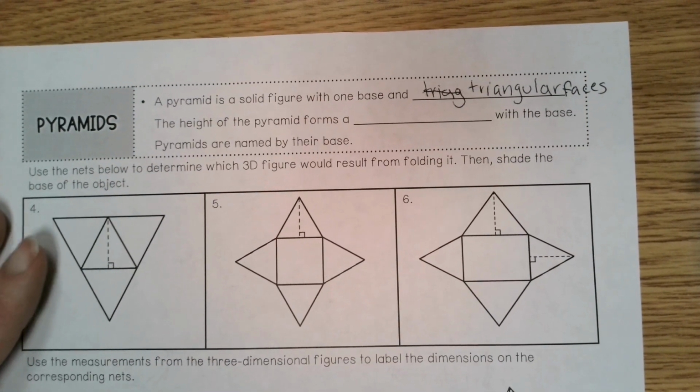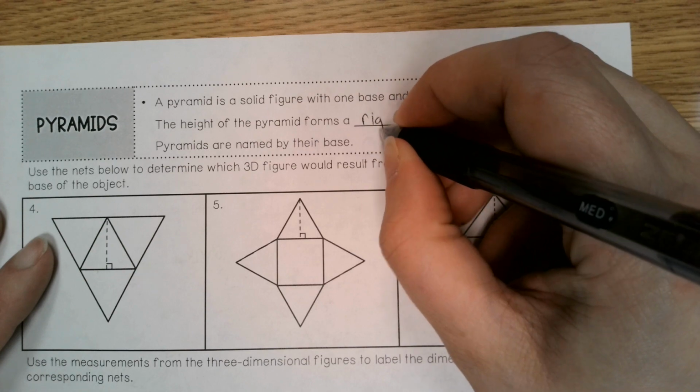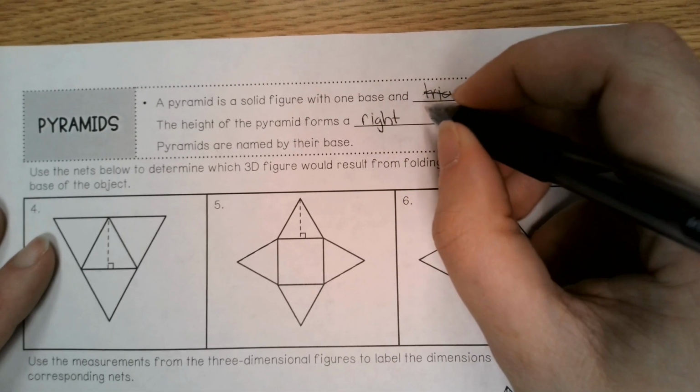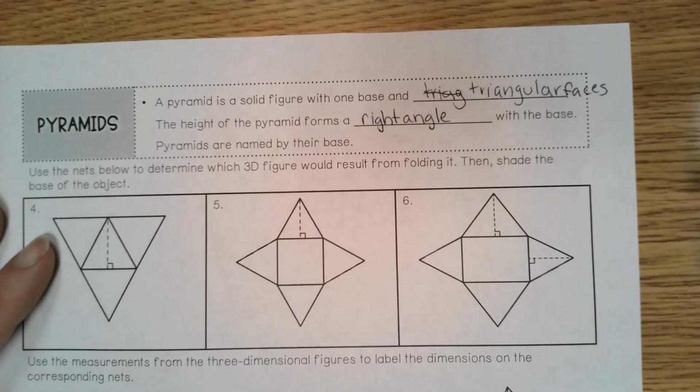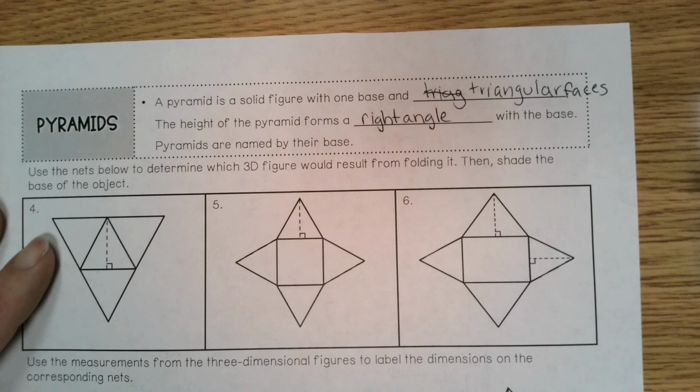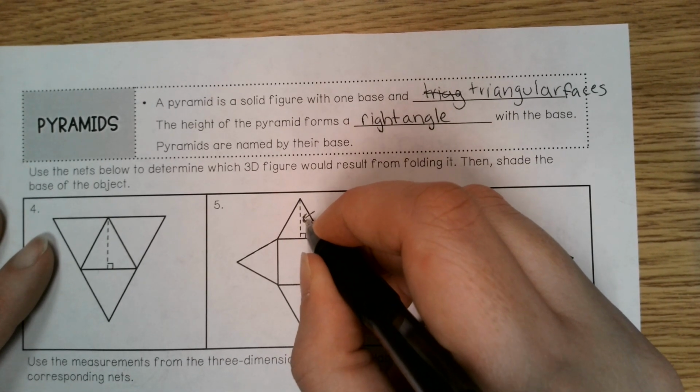The height of the pyramid forms a right angle. When they're talking about the height of the pyramid, that's the dotted line that's right here.